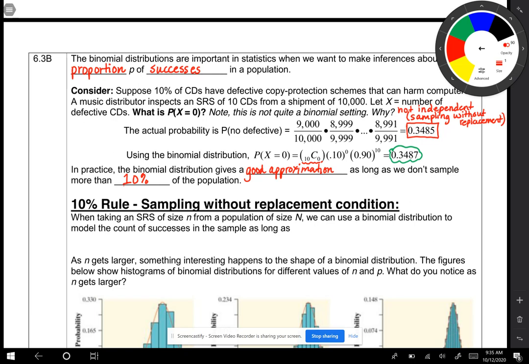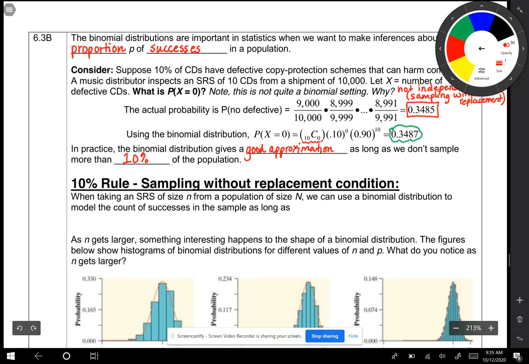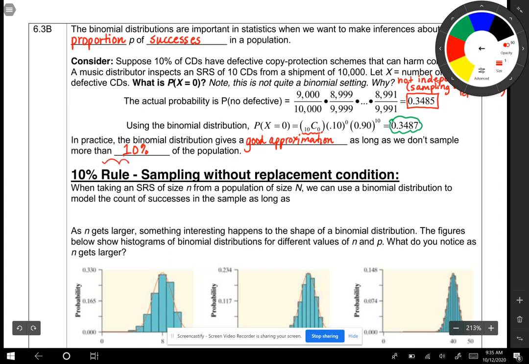This is known as the 10% rule, and it is so big in the second semester. So that's sampling without replacement. When we can't replace and we do sampling that way, how can we go about calculating a probability? We would use the 10% rule.